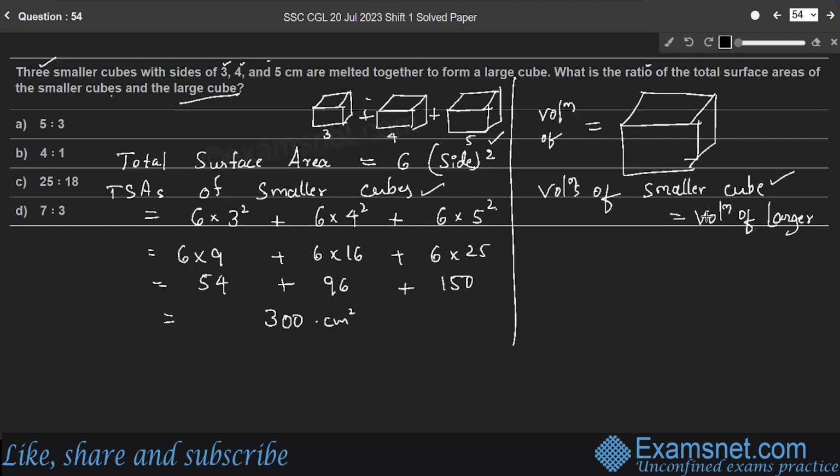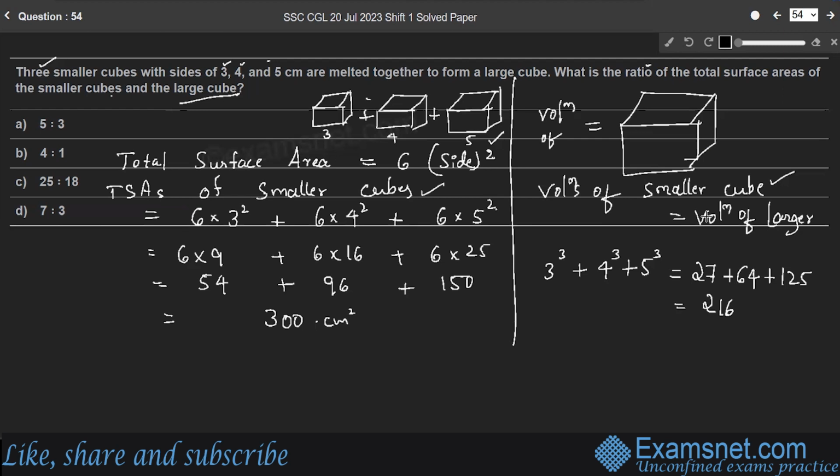Let us consider the volumes of the smaller cubes. The cube of its side is equal to its volume. So cube of 3 plus cube of 4 plus cube of 5. What is the cube of 3? 3 into 3 is 9, 9 into 3 is 27. Plus 4 cube is 64, plus 5 cube is 125, which totally is 216.